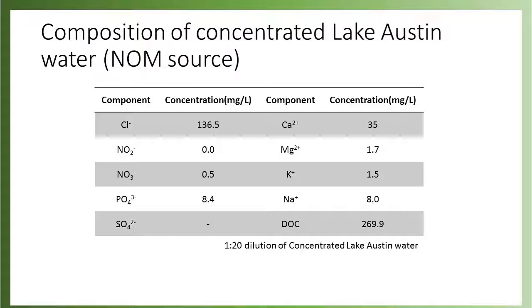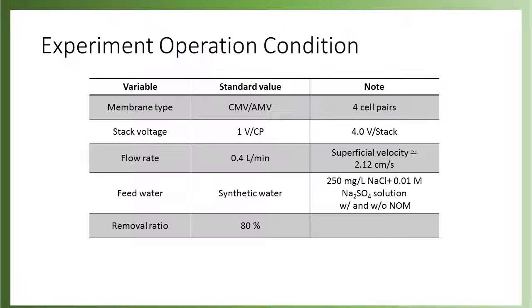And here's the composition of the concentrated Lake Austin water, which is the same as John's. And I diluted it 1 to 20. And here's the experiment operation condition. So I used the membrane type CMV and AMV, which are commercialized ion exchange membranes.